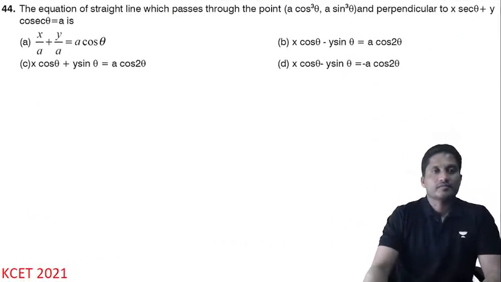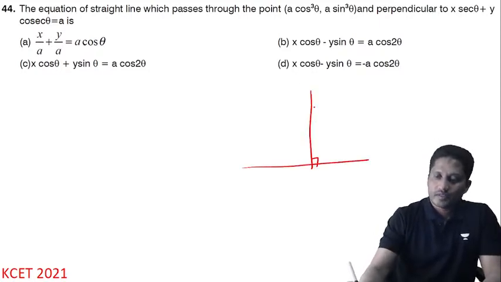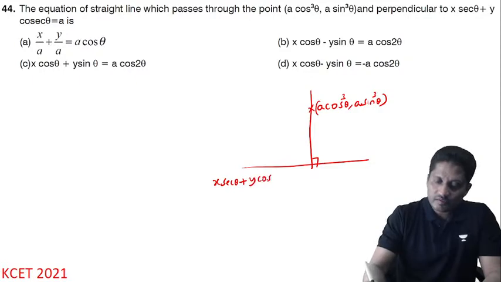Question number 44. The equation of a straight line which is passing through the point A cos cube theta, comma A sin cube theta, and perpendicular to the line x sec theta plus y cosec theta is equal to A. The slope of this line is minus A by B, which is equal to minus sec divided by cosec, which is equal to minus sin upon cos.